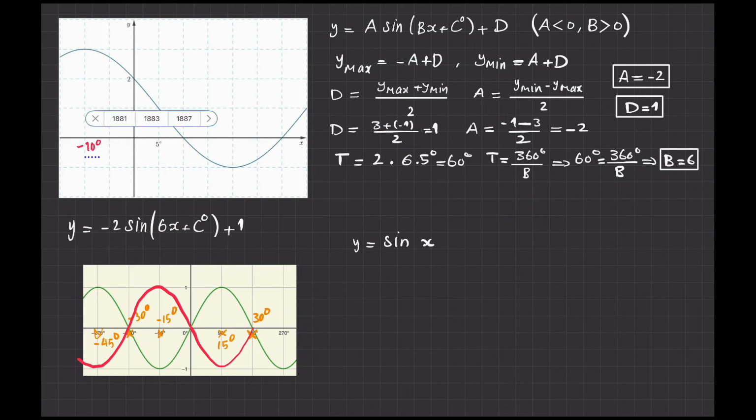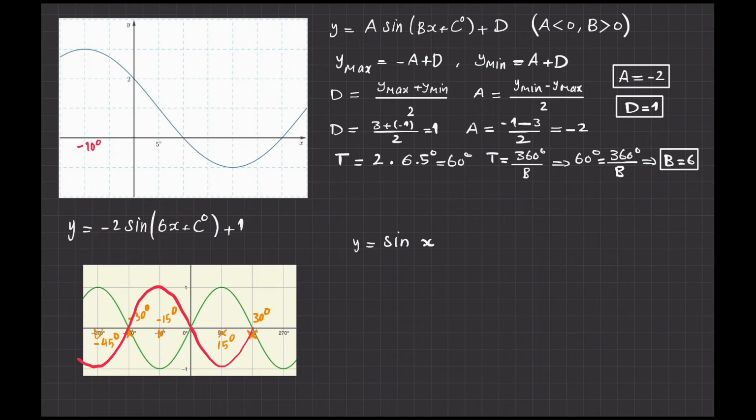Okay, so the graph here, the first crest occurs at minus 10, but in my graph now, the first crest occurs at minus 15. So this means that I have to shift this graph 5 degrees to the right. Okay, so it is 5 degrees to the right.